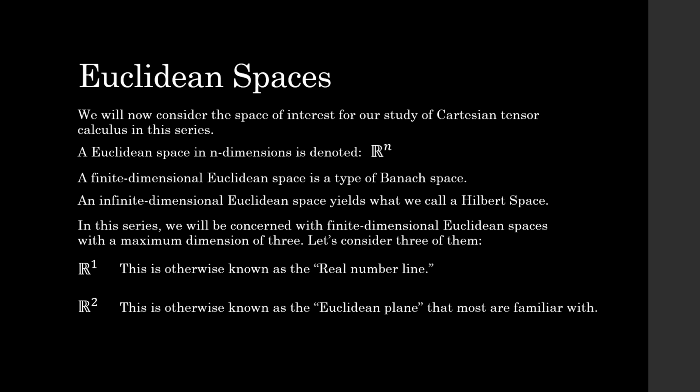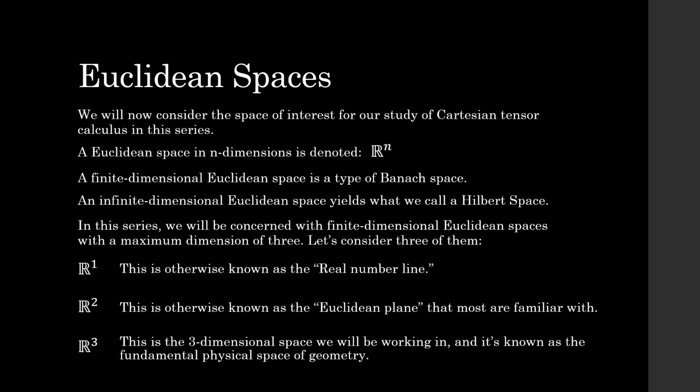So if you use Cartesian XY planes, you've used R2 all along. And then you have R3. This is the three-dimensional space we will be working in within the series, and it's known as the fundamental physical space of geometry. So using Cartesian coordinates, that would be the X, Y, and Z geometric space.